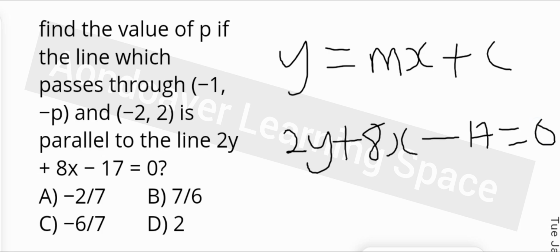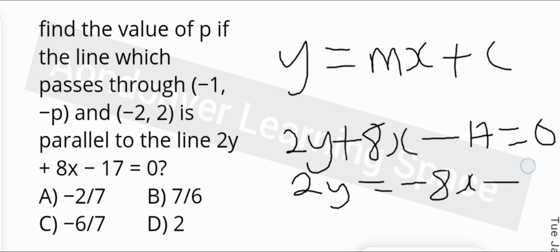We move 8x to the right hand side and 17 to the right hand side. So we have 2y equal to minus 8x, since it's positive it changes to negative when crossing, minus 17.